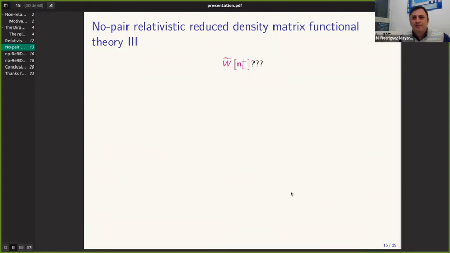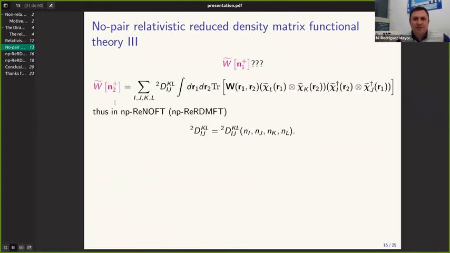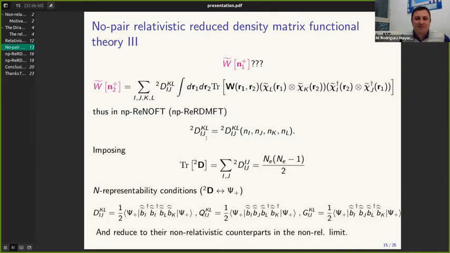So what do we know about the term that we need to approximate? It is actually a functional of the 2 RDM, the second order density matrix, that we can write like this. But then, as is usually performed in the non-relativistic limit to construct energy functionals, we will use occupation numbers to build the 2 RDM elements.